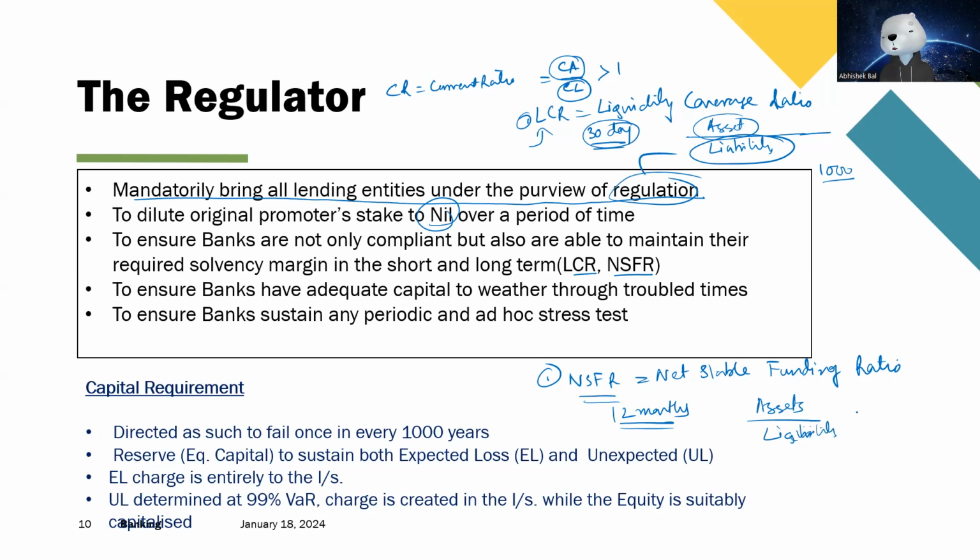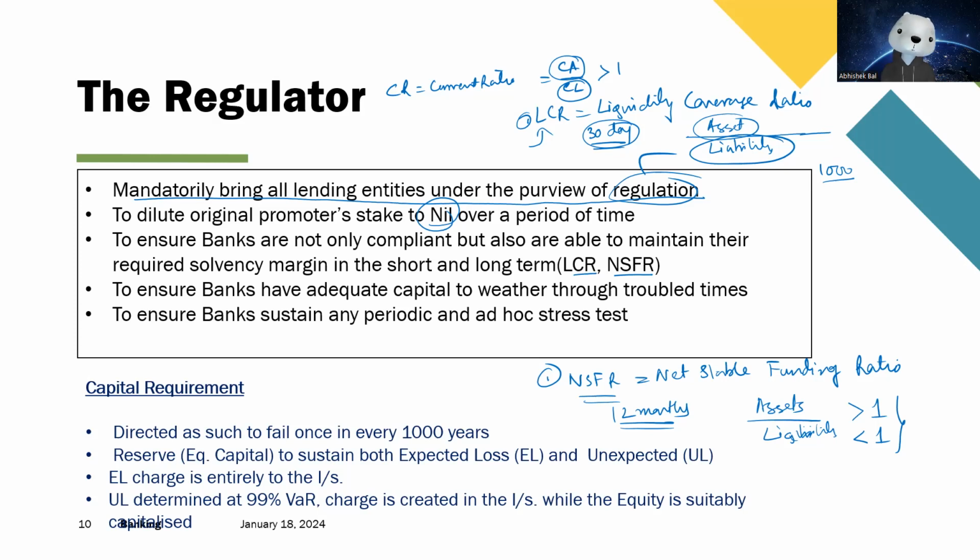And again, all other things remaining constant, you would want this ratio to be at least greater than 1, no less than 1, of course. Okay, so these are two primary measures that the regulators periodically check to see the health of the bank itself. So it's like a diagnostic tool as far as the regulator is concerned.